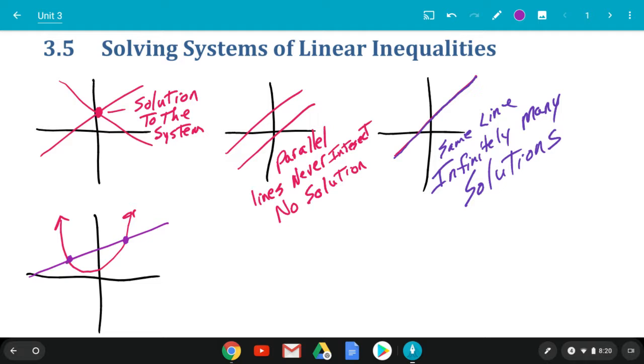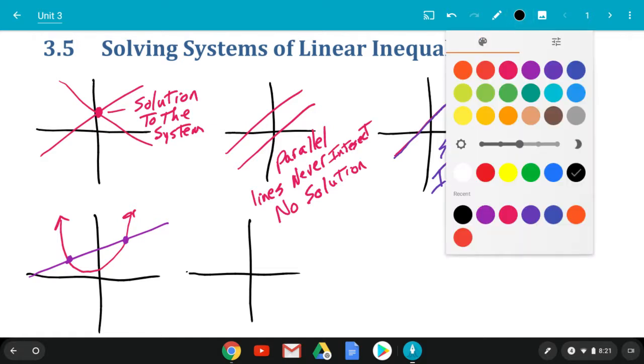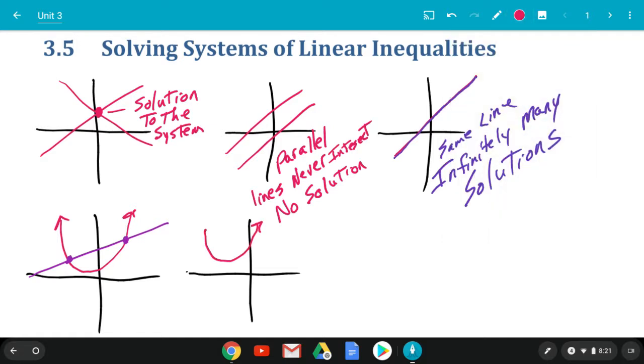This system that I just graphed has both a quadratic and a linear equation. Is that possible? Absolutely. How many solutions does this one have? 2. I'm going to do one more of those because this looks like so much fun. Could I have this parabola and this linear equation? Sure. How many solutions does that system have? None. Why not? They never touch. They never intersect. If they don't intersect, there's no solution.